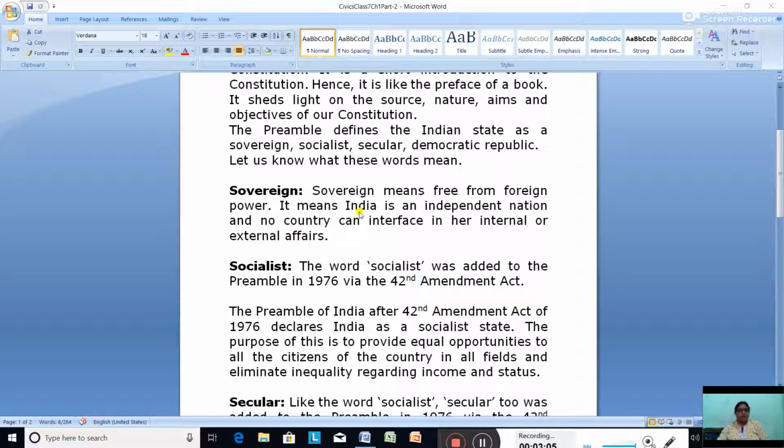India is an independent nation, and no country can interfere in her internal or external affairs.